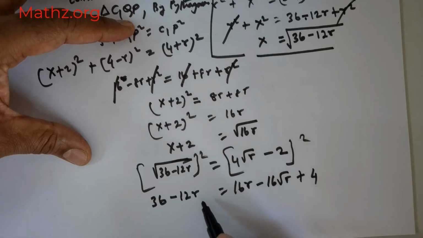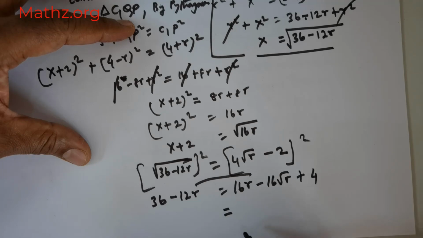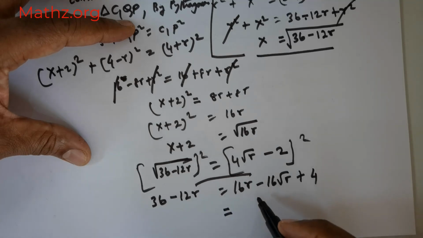Now what you can do is you can move this to the other side. So you are getting a fairly manageable value.